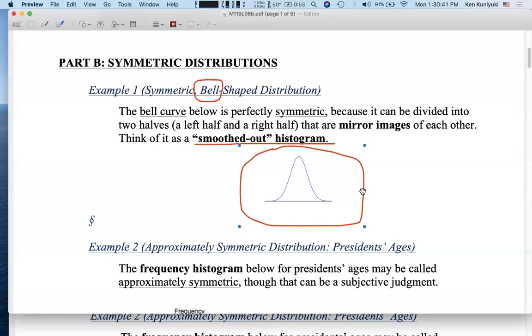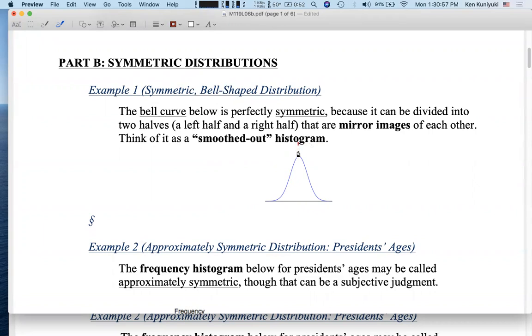Now, this distribution, again, think of this as a smoothed out histogram here, is bell-shaped, and a perfect bell-shaped distribution is perfectly symmetric. So what do we mean by symmetric?